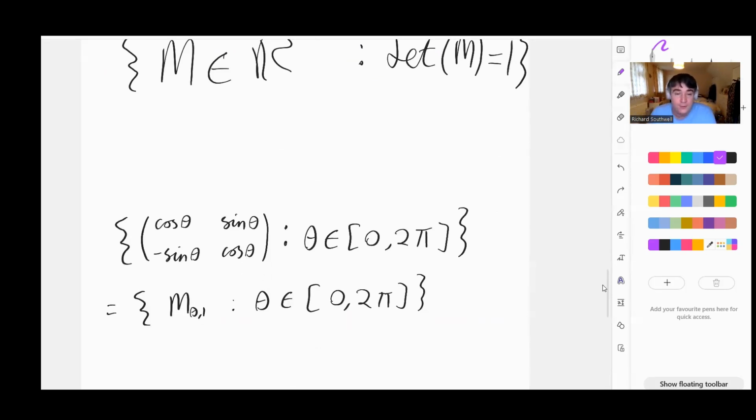we've already encountered some matrices that have that kind of feature. Look at these matrices here. I was saying that these were rotation matrices that corresponded to the unit circle. So such a matrix can be written like this. And also, we can write such a matrix as m theta comma 1.